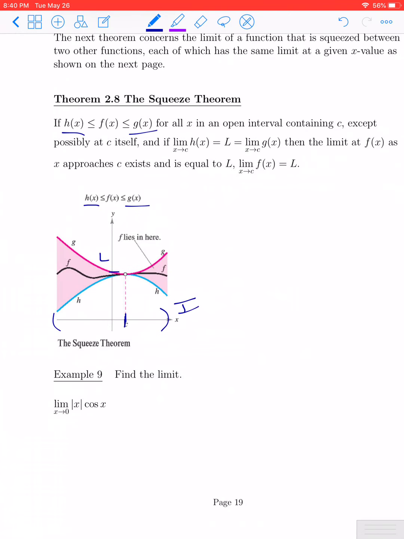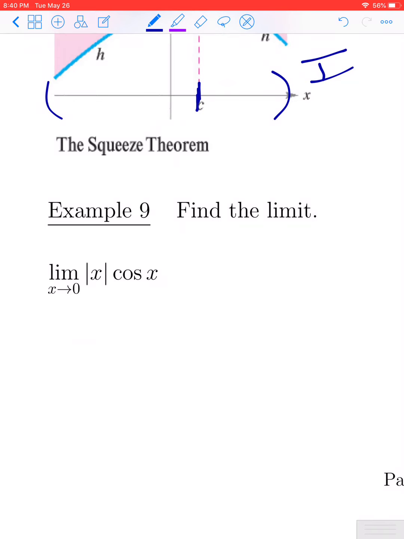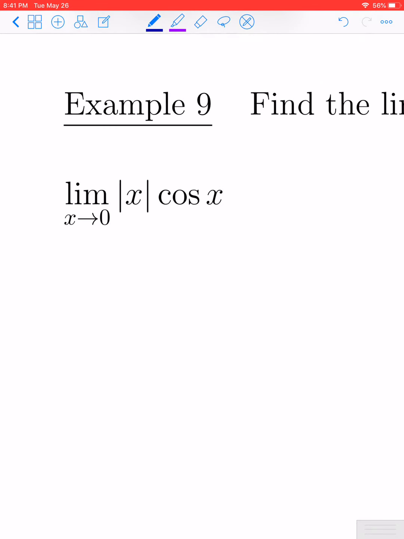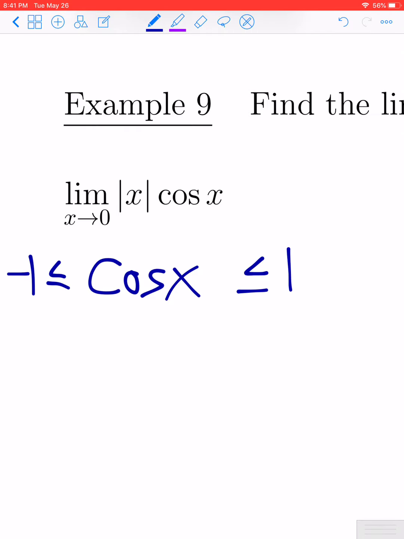Let's take a look at an example of this. Let's find the limit as x approaches 0 of x times the cosine of x. One of the things that we know is that the cosine is one of these functions that's bounded. The cosine in particular is always between -1 and +1.